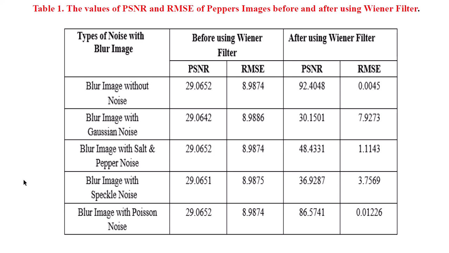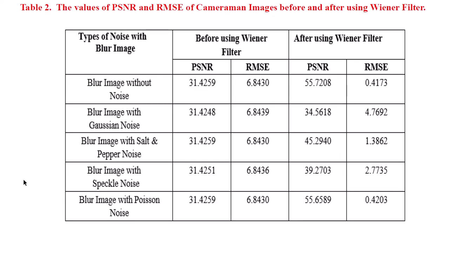This table is for paper image. The same in table 2 in this slide, this is for cameraman image. Also we show from this table that the value of peak signal to noise ratio increases while the value of mean square error decreases.